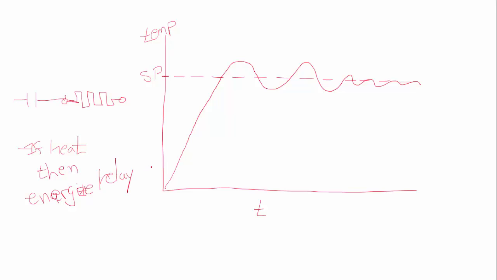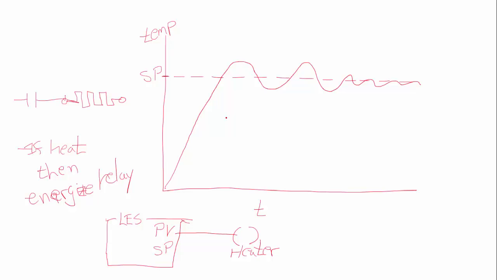Another way I could do that: if my process variable is less than my set point. So in PLC terms, I could use a less than instruction. And if my process variable is less than my set point, I can then turn on my heater. I'm sorry for this crude drawing.